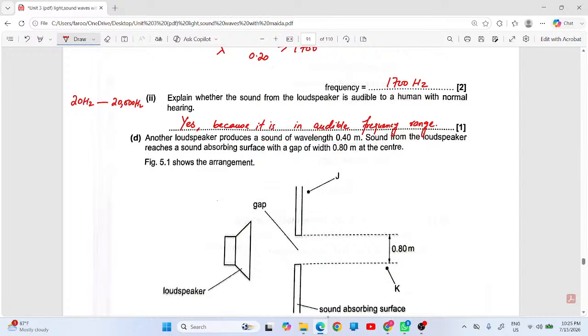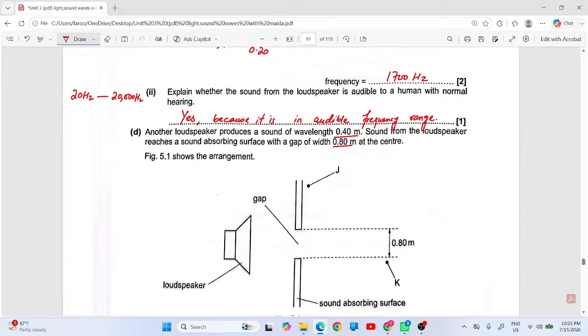Another loudspeaker produces a sound of wavelength 0.40 meter. Sound from the loudspeaker reaches a sound absorbing surface with a gap of width at the center. Figure 5.1 shows the arrangement.